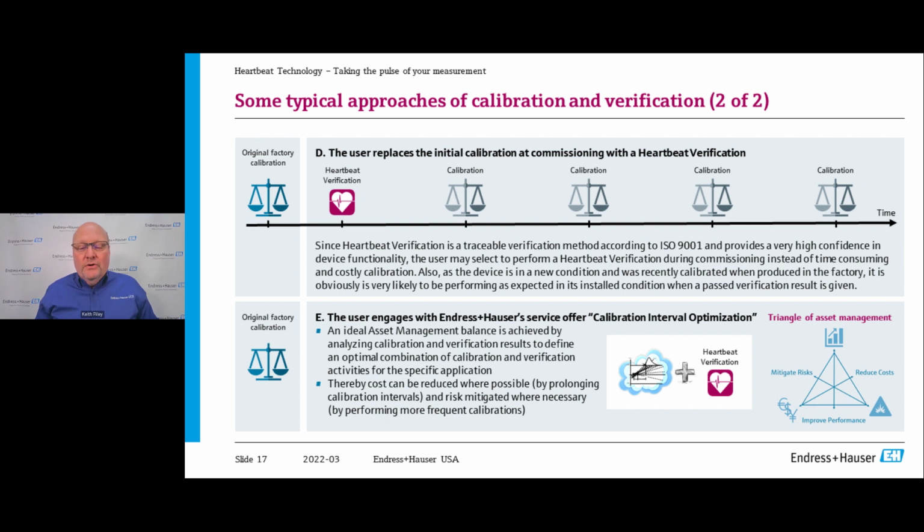And you're going to shorten your commissioning for the site. You're going to be able to get up and running sooner and start to make your product that much faster and turn a profit. So that's another way you can use verification in a real-world situation.